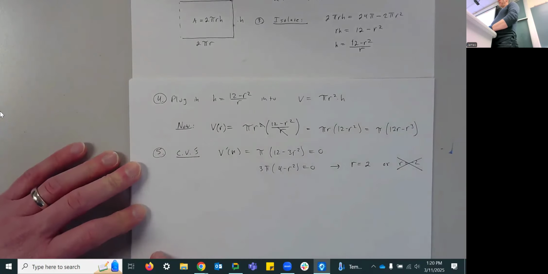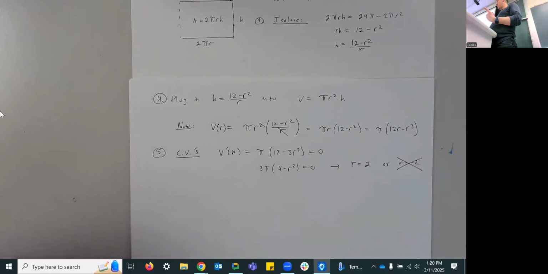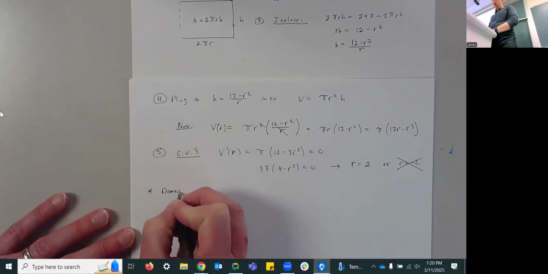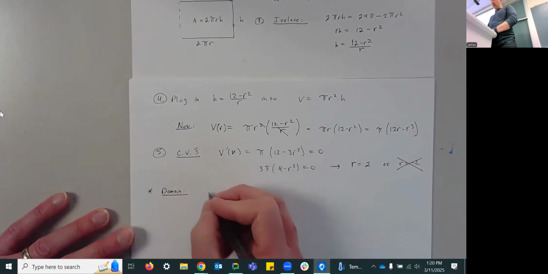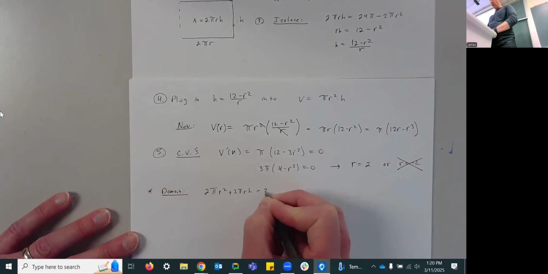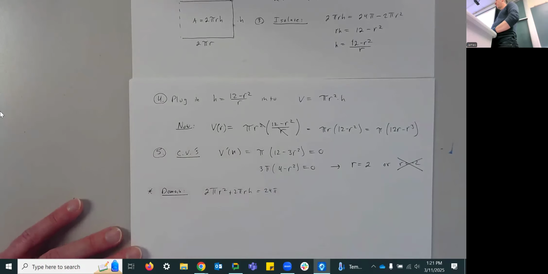It might be worth pointing out that in the beginning of this problem, we should have probably limited ourselves in our domain. If we had that the surface area, 2 pi r squared plus 2 pi rH, equals 24 pi, I think r can't be any bigger than the square root of 12.